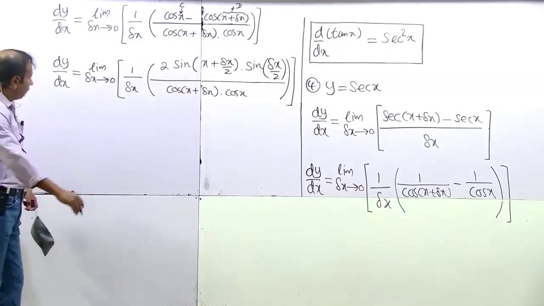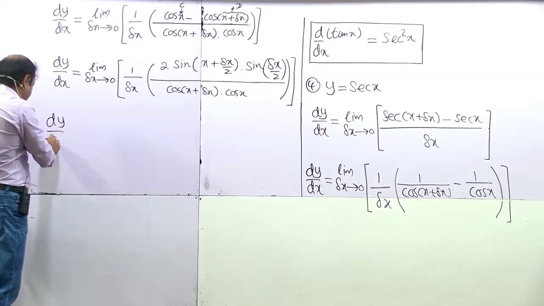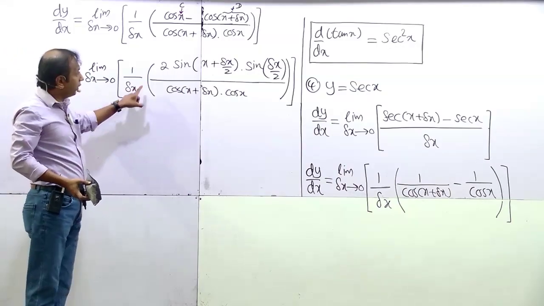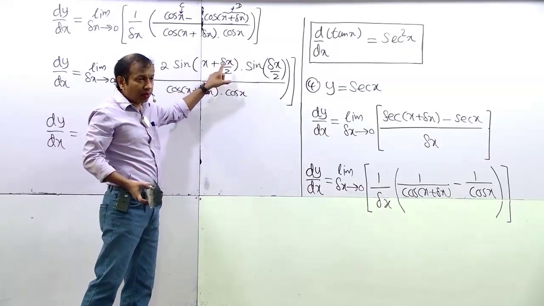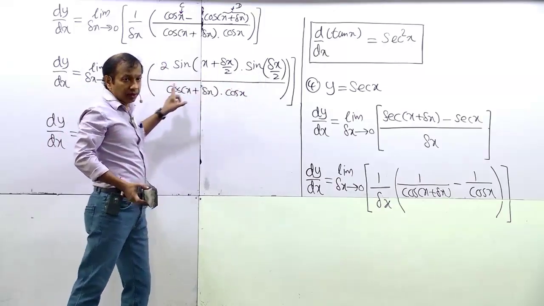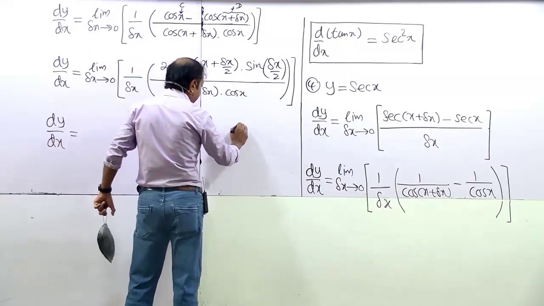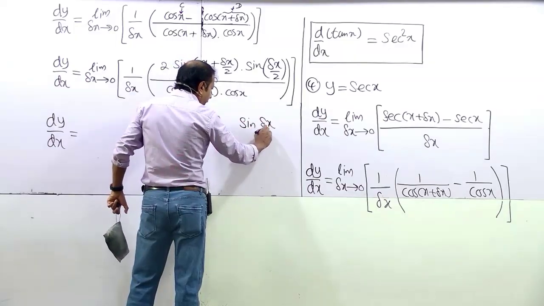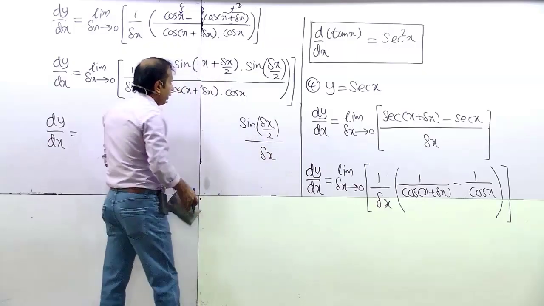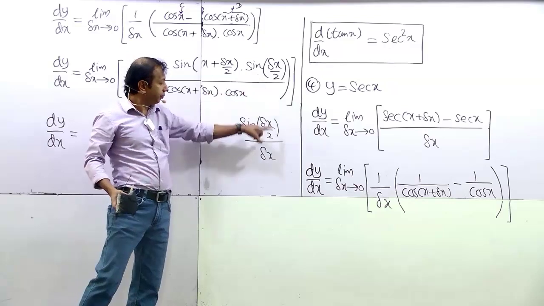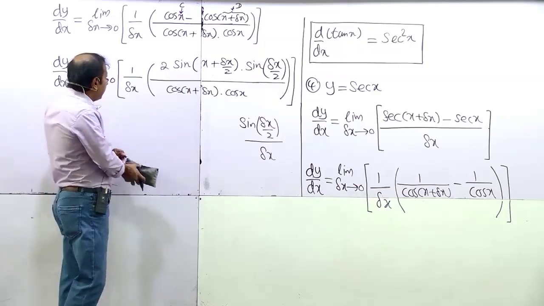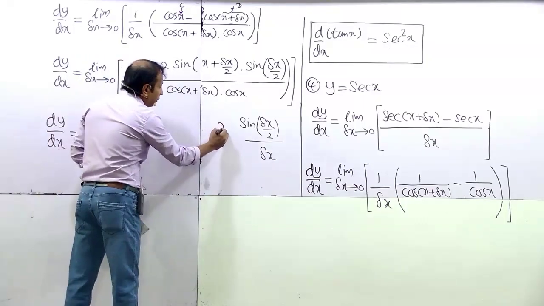Now, arrange it like this, dy over dx. By this delta x we have divided this. Since here we have a product, only this or this we divide by delta x. I divide this by delta x. Then I write it like this, sine delta x by 2 divided by delta x. Now this 2, if I write that 2, I must write it here, no?